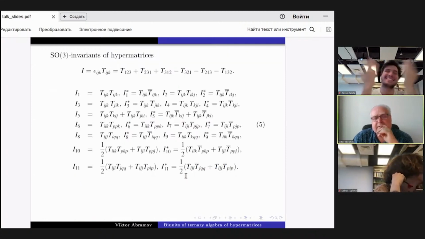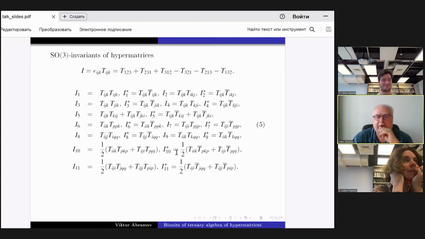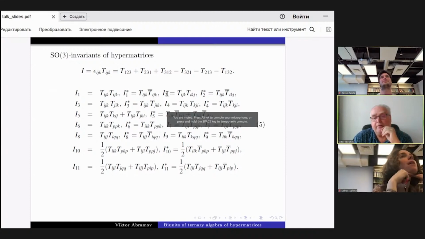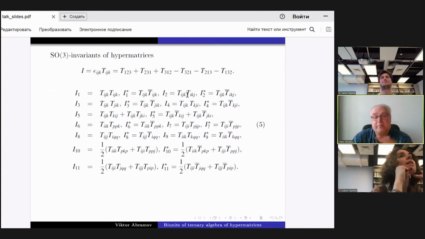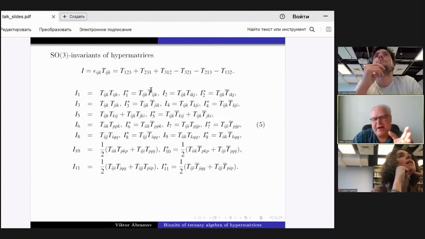So I calculated this invariance of the case of the q-cyclic traceless hypermatrices, and I found that there are only 2 non-trivial invariants, this one and this one. All other either zeros or they can be expressed from these 2. And if we look at this invariant, then it's not very hard to see that actually this defines a Hermitian metric on the space of hypermatrices.